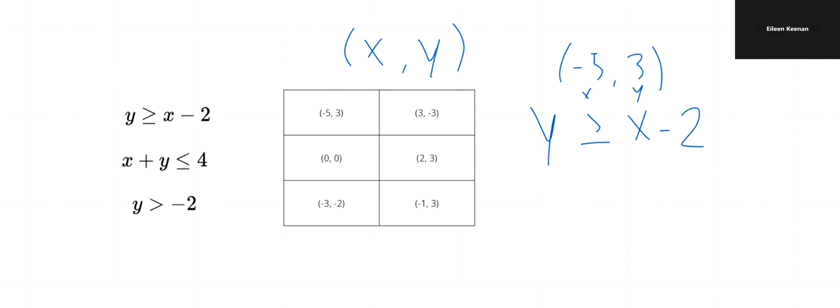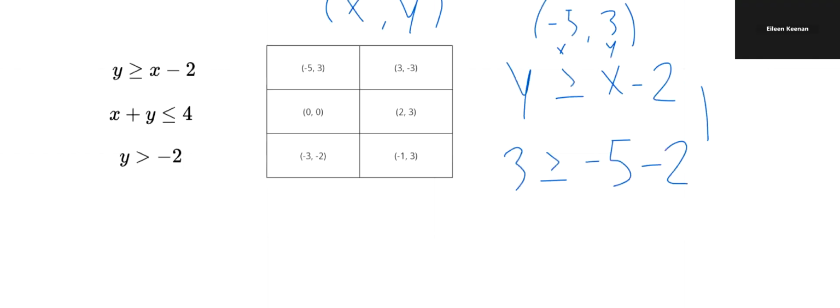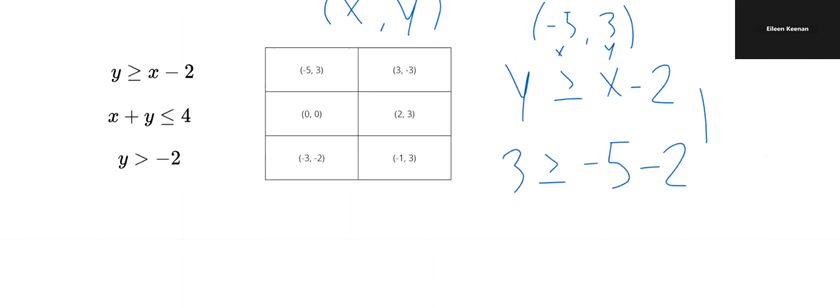So 3 is greater than or equal to -5 minus 2. -5 minus 2 will give us -7. So 3 is greater than or equal to -7. Does that check out? Yeah. So it works for that first equation. That's good, but it needs to work for all three. So let's try the second one.